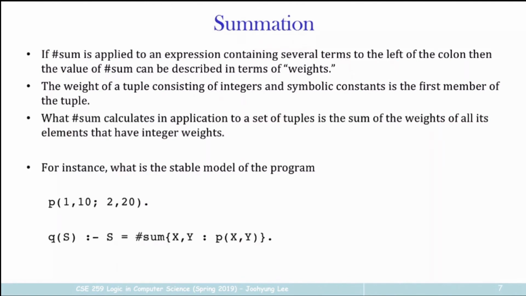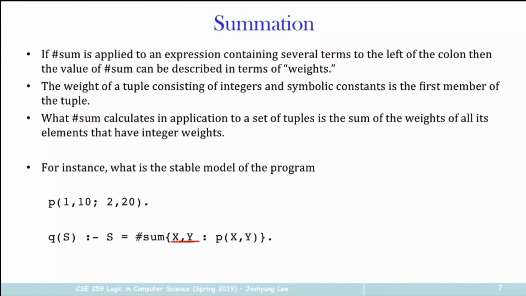In this program, we have 2 atoms, P(1, 10) and P(2, 20). And we want to sum over the values. Now, what are the things that we sum over? XY pairs, such that XY belongs to PXY.